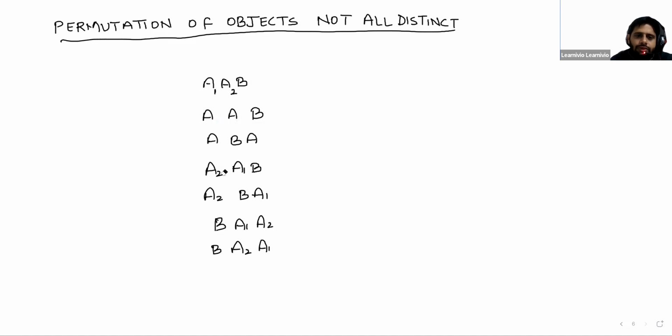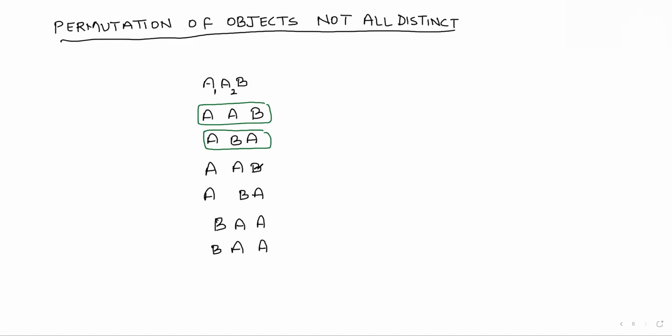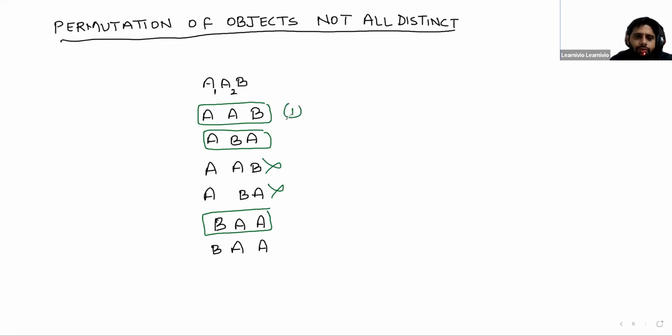We can remove these numbers. Okay. Now, how many words are there? We have this one, two. There's a similar. Remove this. There's a similar. Remove this, and we have this one. So we have one. We have two. We have three. So if we have alphabets where some alphabets are repeating, then our answer will change.